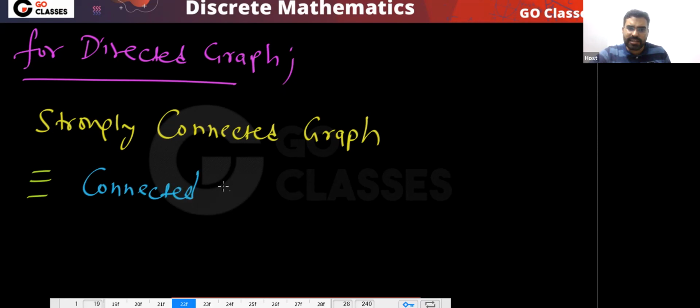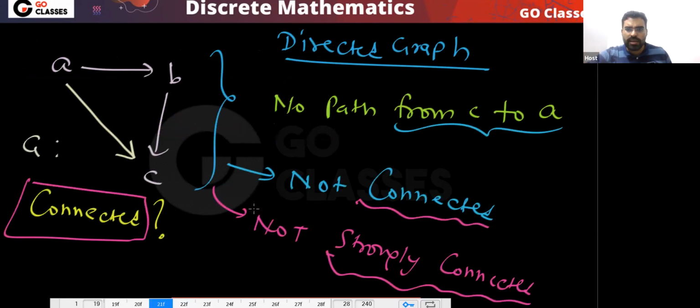By default, when I say connected graph for directed graph, that is the same as strongly connected graph. So this graph is not connected, or I can say not strongly connected, because we cannot go from C to A.